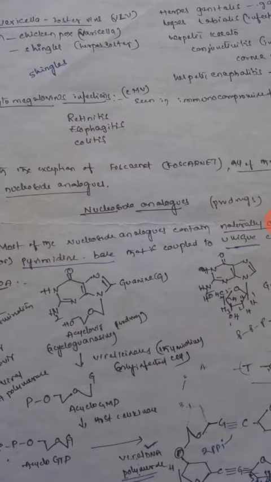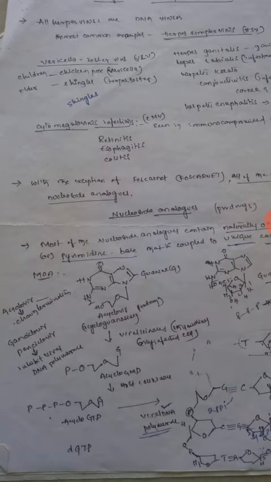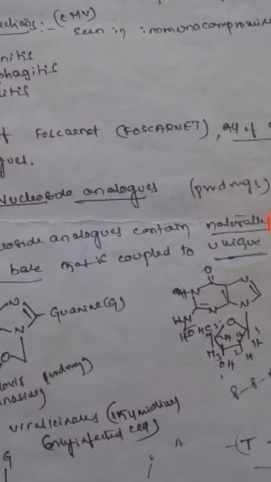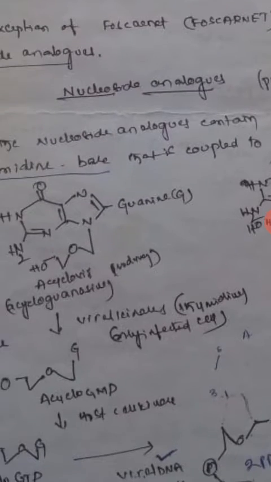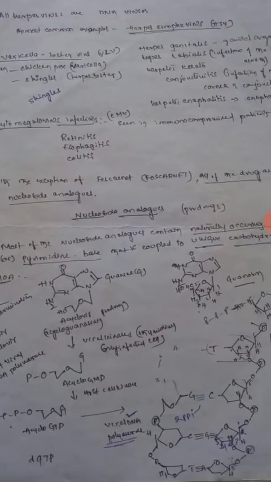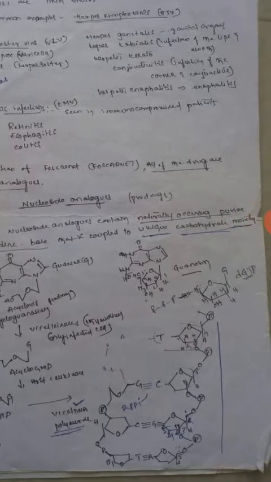I will take the mechanism of aciclovir as a prototype, so that you can write down the mechanism of action. If you understand the aciclovir mechanism, the remaining drugs have the same mechanism. Most nucleoside analogs contain naturally occurring purine and pyrimidine nitrogen bases coupled to an unnatural carbohydrate.